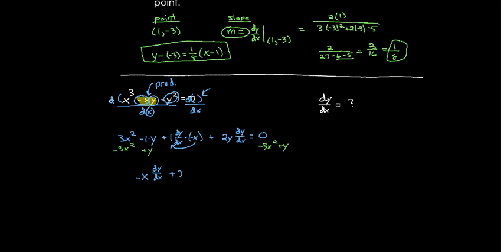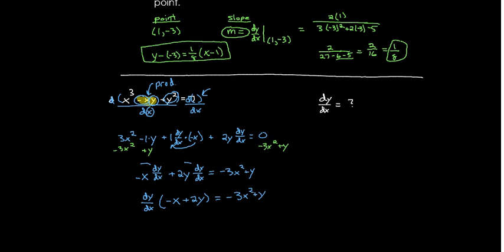Plus 2y dy dx equals negative 3x squared plus y. We can factor out our dy dx times negative x plus 2y is left over. The right side stays the same.